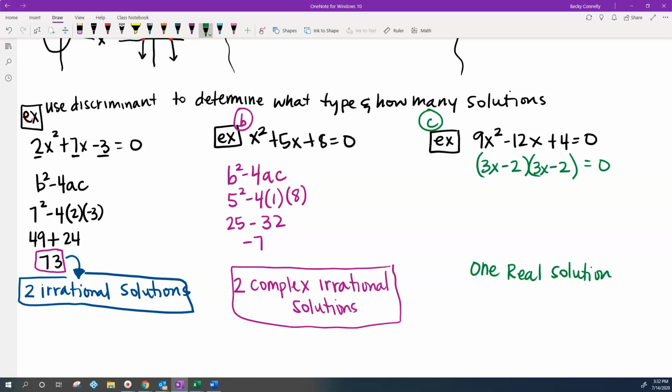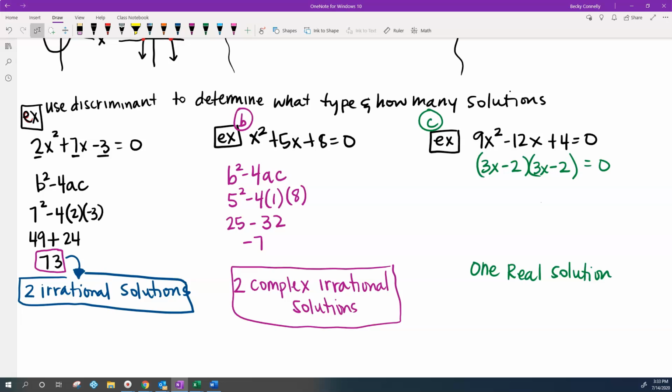If we try to figure out the answer, we get that same factor. That's why I say it's 1 repeated solution, 1 real solution here, because you get x equals 2/3 on both of those, but it's still the same answer. That's always what happens on those types when the discriminant is 0. We have the same factor on each of those.